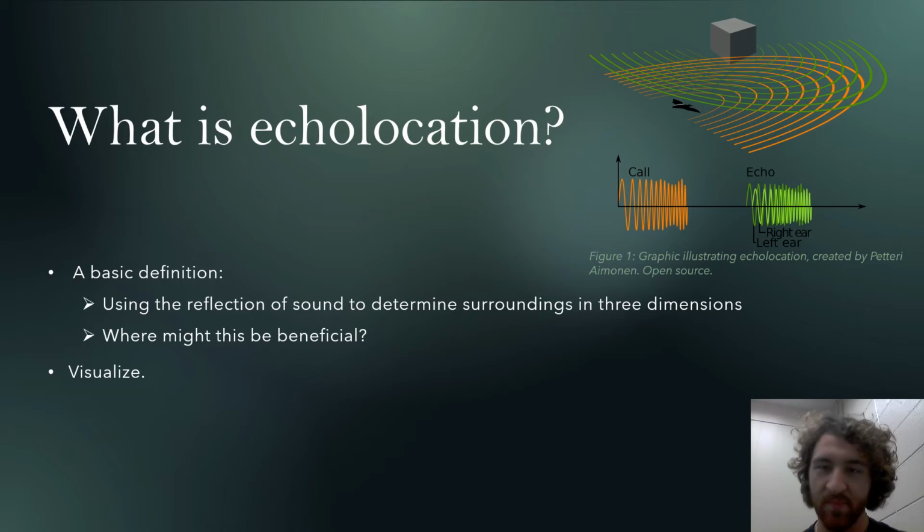And depending on how much time has elapsed since that noise was emitted, as well as at what point each ear receives the sound waves in the form of an echo, the bat can determine information about its surroundings, distances, angles, all sorts of things.